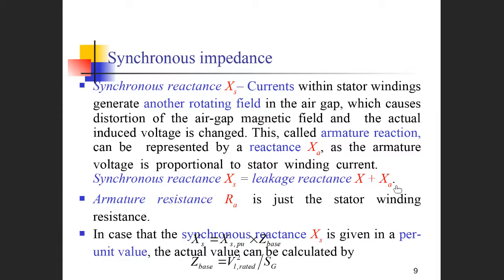If the speed changes, the frequencies of the current generated change. The reactance values of the armatures also change. That's the meaning of it. So this is the meaning of the synchronous reactance.